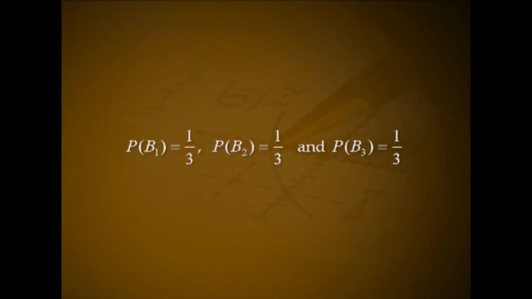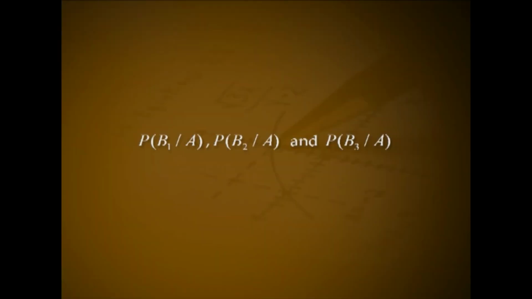They are P of B1 equal to 1 by 3, P of B2 equal to 1 by 3 and P of B3 equal to 1 by 3. Let A denote the event of getting a white and a red ball. To find P of B1 given A, P of B2 given A and P of B3 given A.